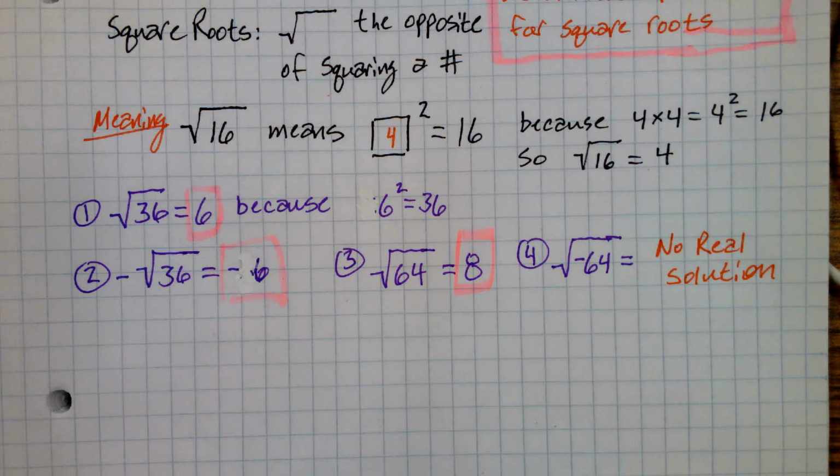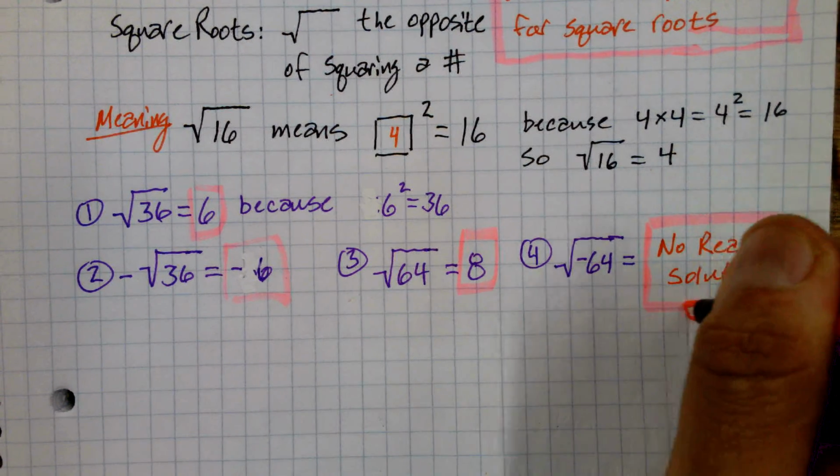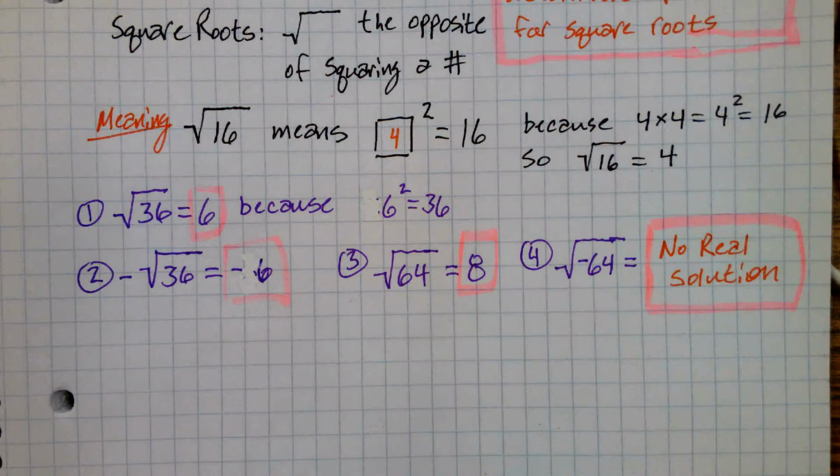It's a no real solution when you have a negative inside the square root. Okay? No real solution. Because it's impossible to multiply a number with itself and get a negative answer.